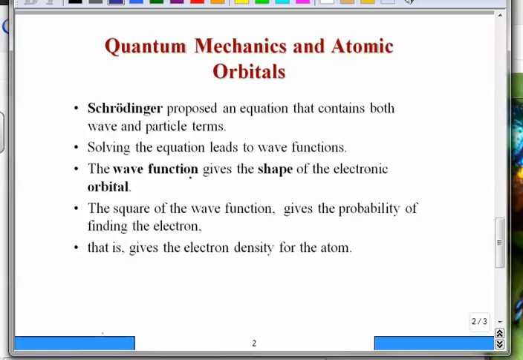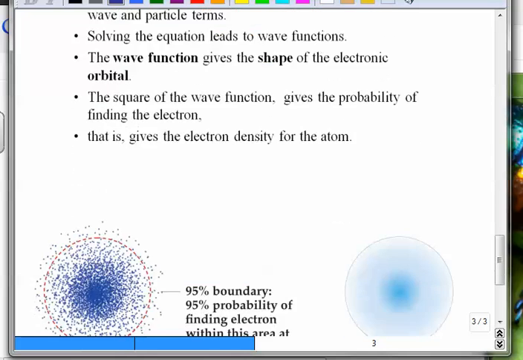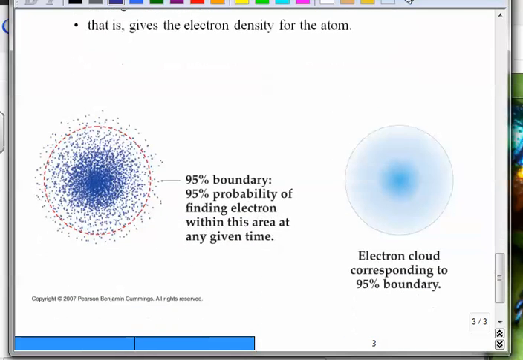And when we solve the equation for this wave function, it gives us the shape of a three-dimensional region of space within which there is a high probability of finding that electron. And we call these solutions, these regions of space, orbitals. Okay? And in our next quick video lesson, we're going to talk about what these different types of orbitals are, but basically this is the idea.